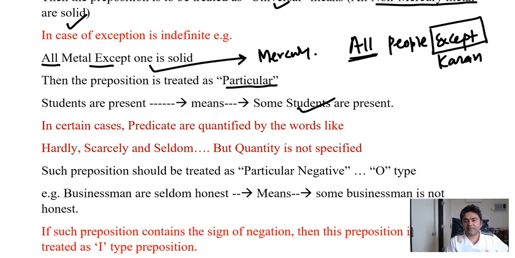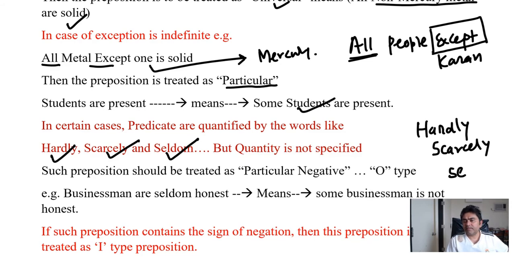It is an O type and it is particularly negative. Businessmen are seldom honest means some businessmen are not honest. It is an O type of proposition. What is the catch word? Seldom. When seldom comes, it means some is going to come, because it is not for all.